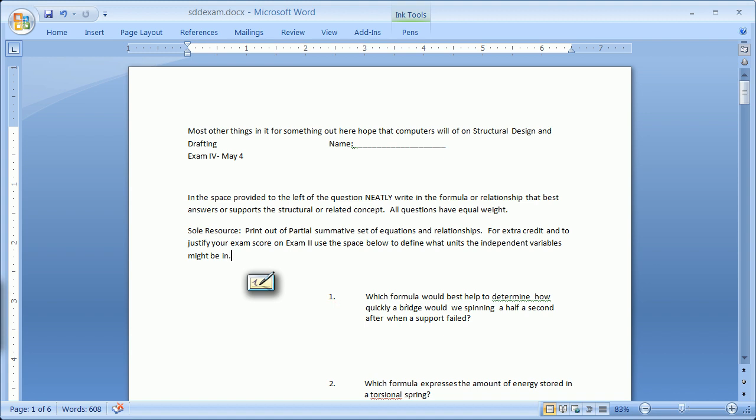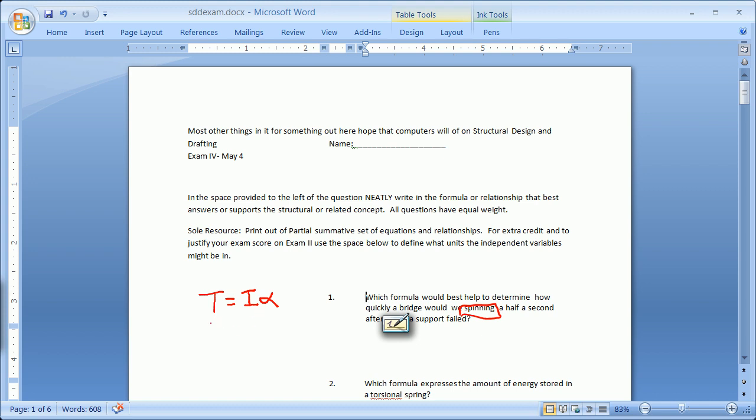Number one, how quickly a bridge would be spinning. So somewhere in there you would really be interested in, I hope, torque equals I, the moment of inertia, the real moment of inertia, times the angular acceleration.